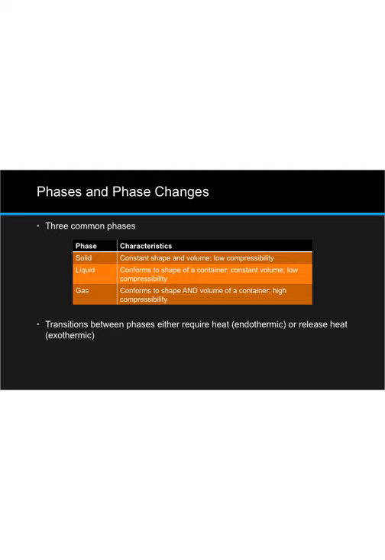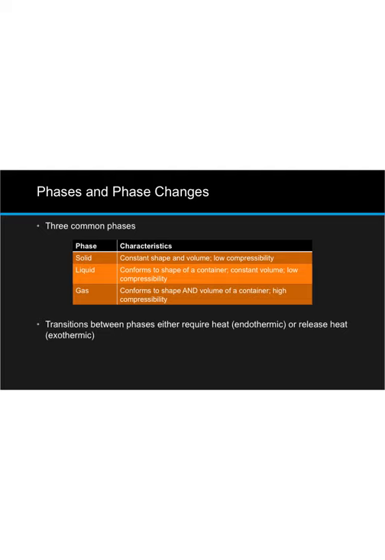A solid has a constant shape and constant volume, so that it retains a definite structure, and its volume can always be measured based upon that structure. Solids consist of particles at a microscopic scale that are very close together, and so there's little compressibility for a solid.